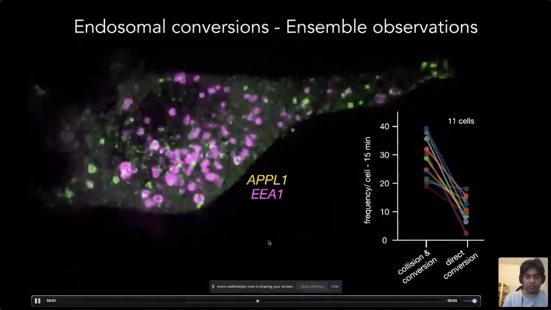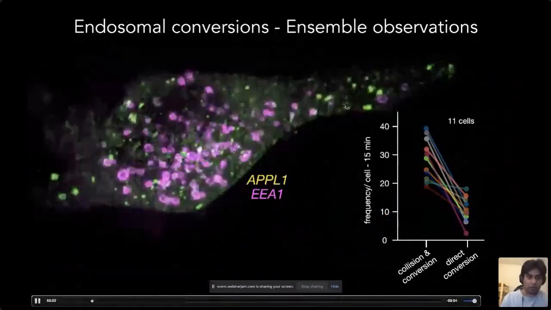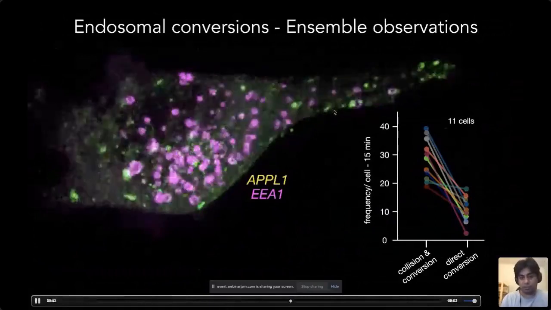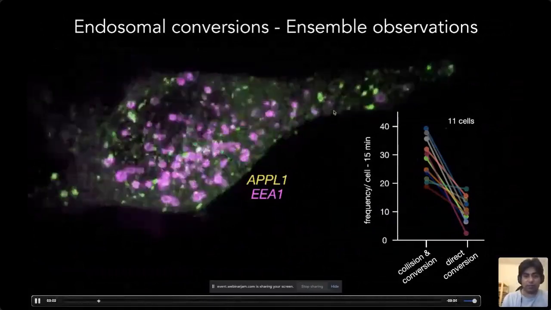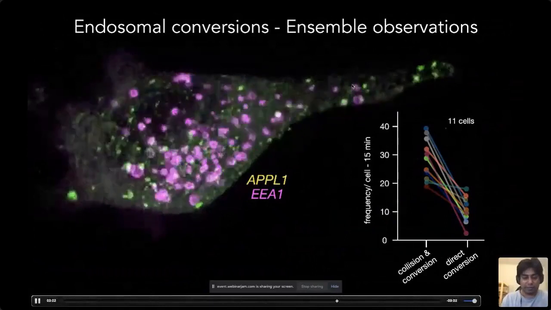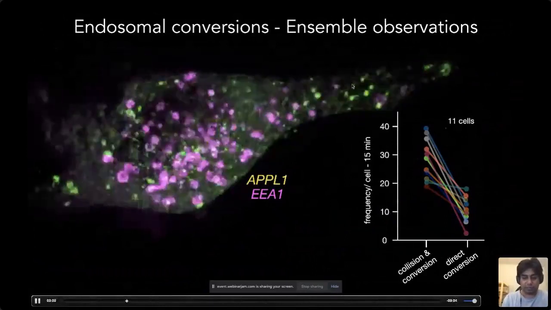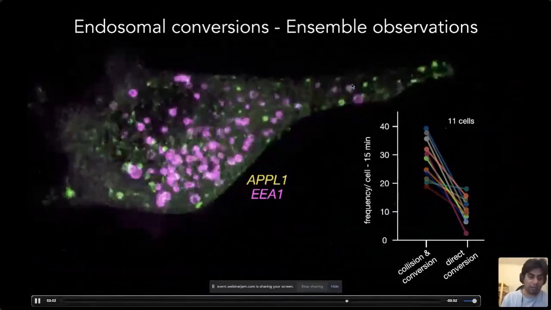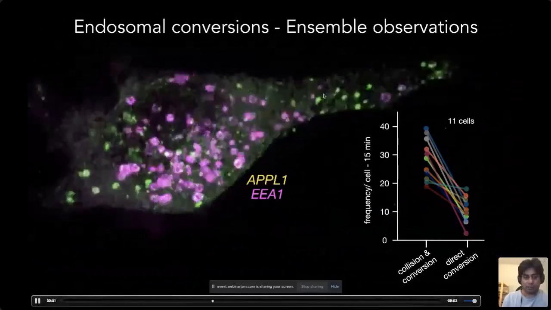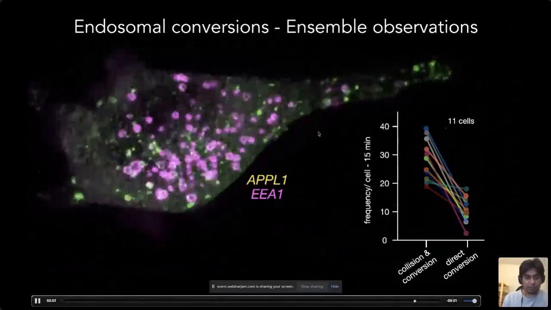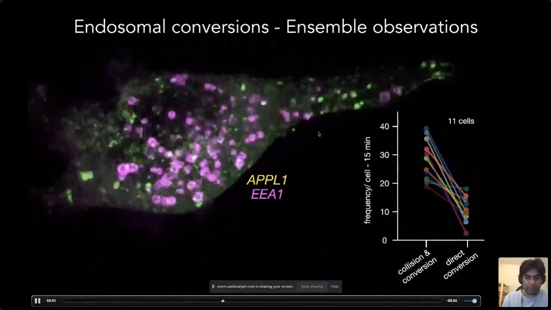And so one of the first things that we observed, when you look at this whole-cell image of APPL1 and EEA1, was a lot of inter-endosomal collisions. I'm not going to go very deep into the image analysis methodologies that we have performed and are working upon, but I'll generally tell you the results because of limitations of time.